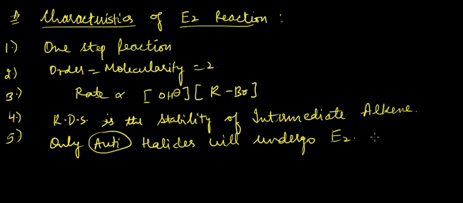It would not be possible if Br and the hydrogen on which the base is attacking are on the same side; then this reaction will not take place, because of steric hindrance. There would be conflict for the base to actually remove the H plus from the organic compound. And as it is a one-step reaction, rearrangement is not possible in this reaction.